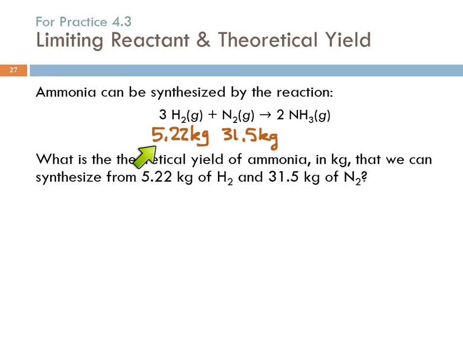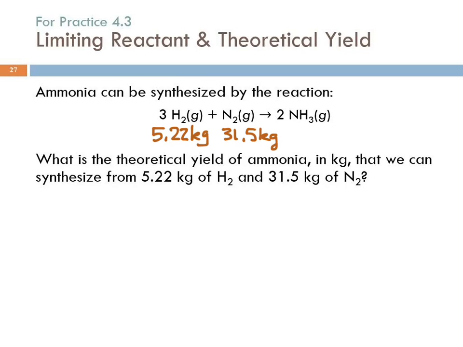Okay, so this is the mass of that reactant. This is the mass of this reactant. What's different about this problem from the ones we did last week? How many masses do I have here? I've got 2 masses. Last week they only gave us 1.